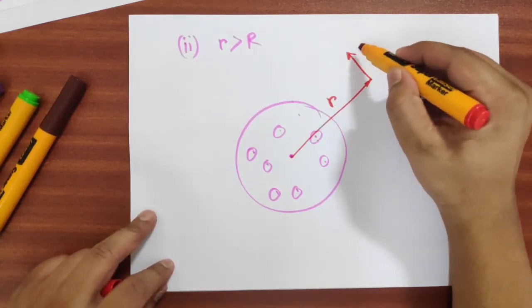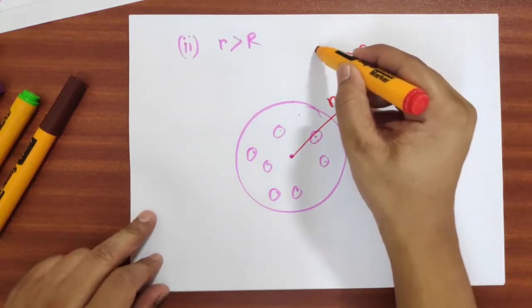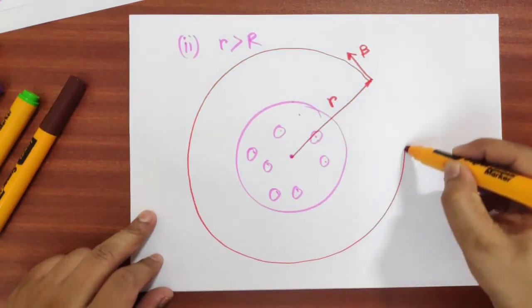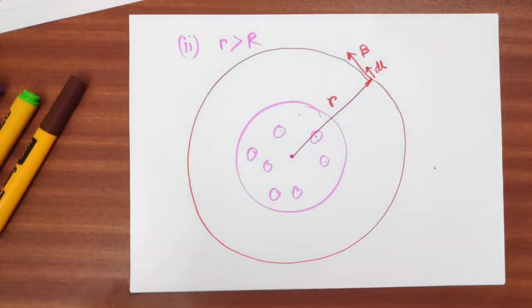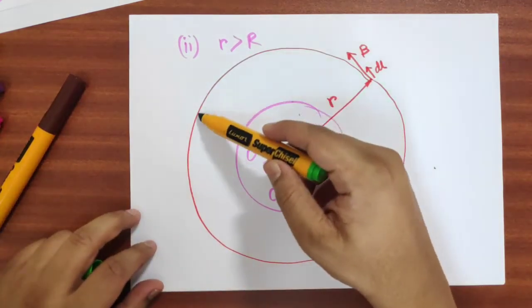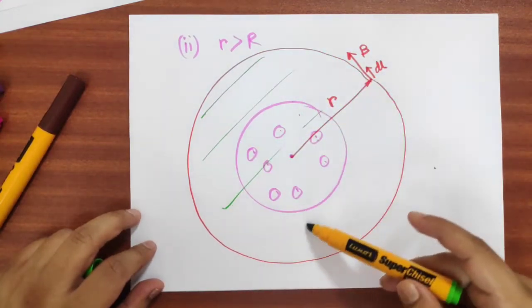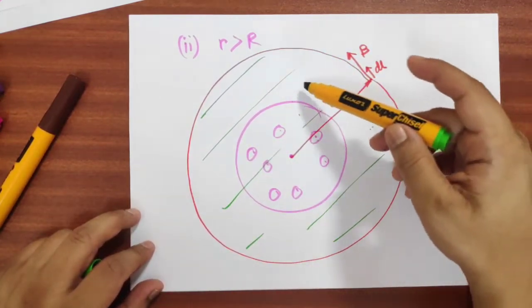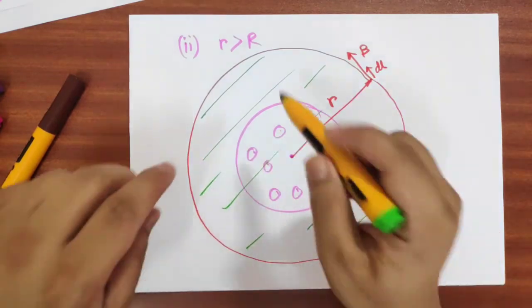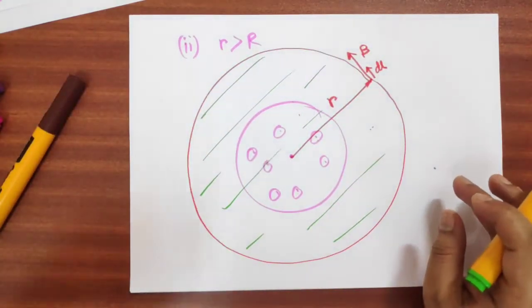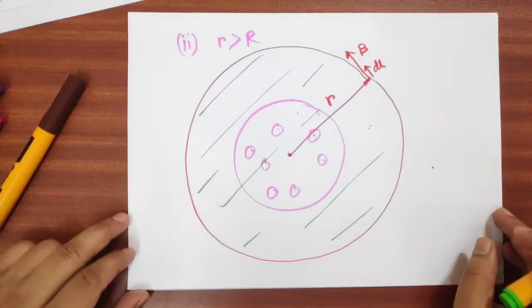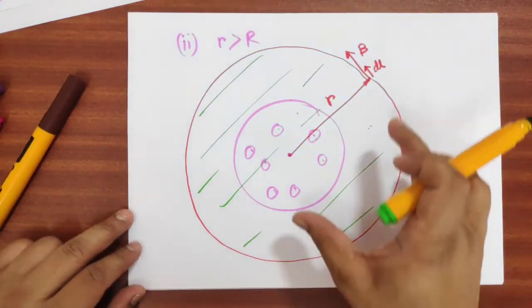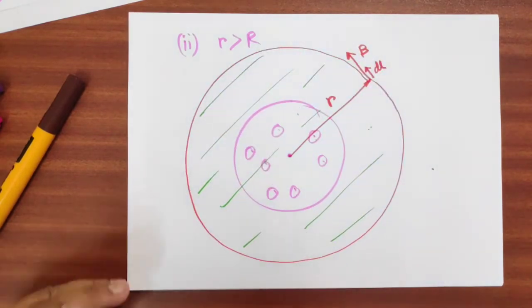From symmetry you know again that it will form circular lines, and this is little dl. This whole thing is your loop; the circumference of the open surface is the loop, so the loop has circumference 2 pi small r.